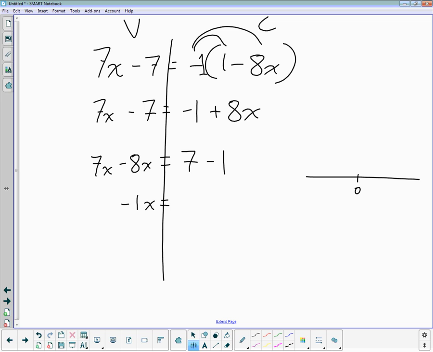So if I go forward 7, 1, 2, 3, 4, 5, 6, 7, because I'm at a positive 7 right here, right? And then I go -8, that's left 8 units. And here I am at -1. Okay? So it's motion left and motion right when you're adding and subtracting.